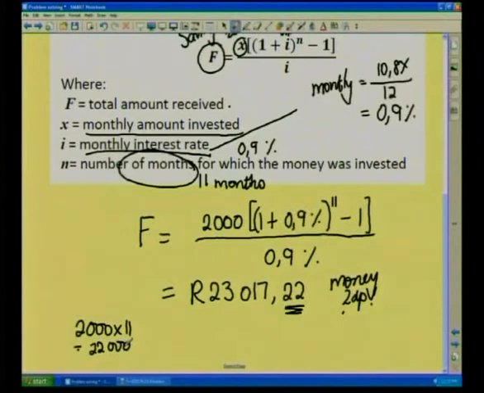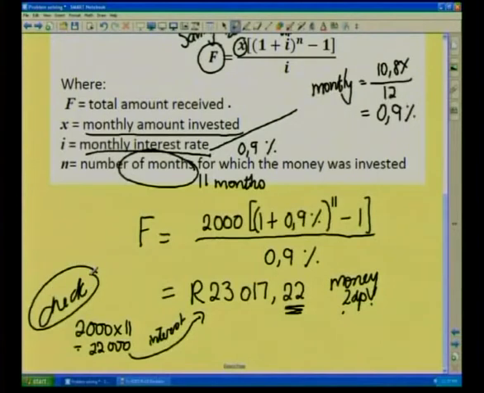So therefore my answer should be just slightly more with the interest. That's a check to make sure that I've got a reasonable answer. And that is my final answer. Please label if you are doing any checks so that the examiners know that that's not part of your answer.